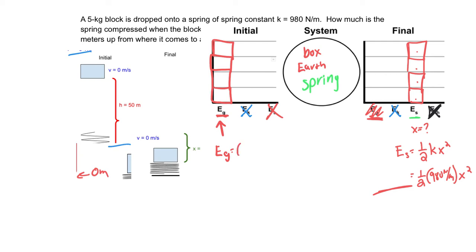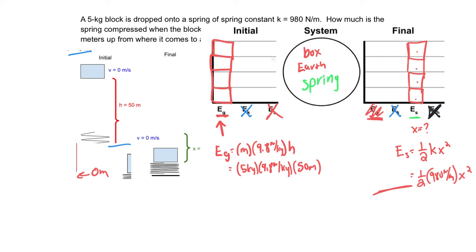So we know the gravitationally stored energy is equal to the mass times 9.8 newtons per kilogram times whatever height it was. So here we have 5 kilograms, 9.8 newtons per kilogram times a height of 50 meters.